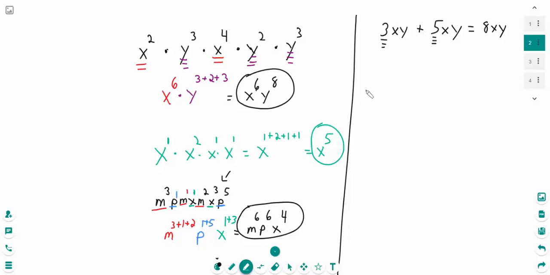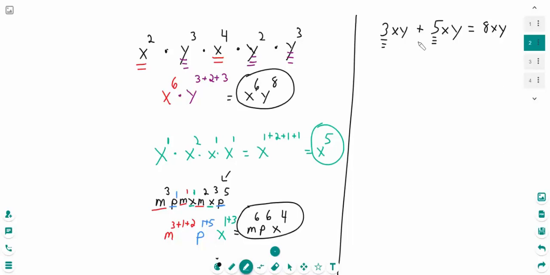In multiplication, it's not just the coefficients. As you'll see later, we didn't actually do any coefficients on any of these problems, but the variables do change in the sense that their powers change when we're multiplying. But when we're adding, the powers don't change on the variables, and the variables themselves don't change.